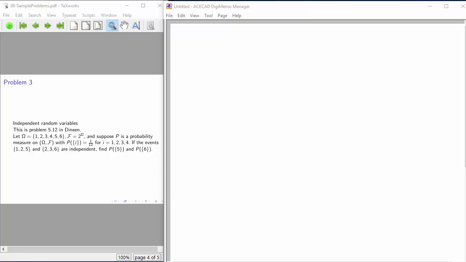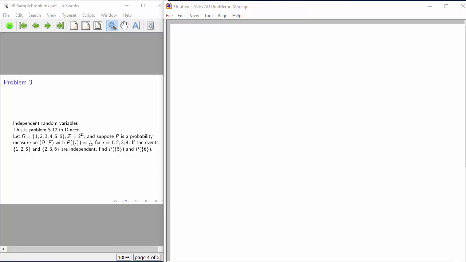So here's Deneen's example. The sample space is 1, 2, 3, 4, 5, 6. The sigma field consists of all possible subsets of 1, 2, 3, 4, 5, 6. And what we know about the probability measure is that the probability of a 1 is 1/12, the probability of a 2 is 2/12, and so on up through 4.